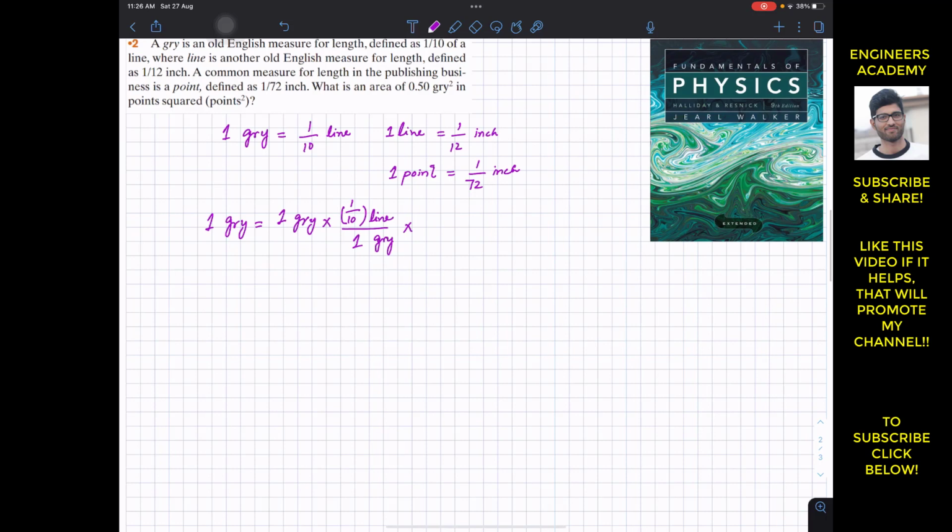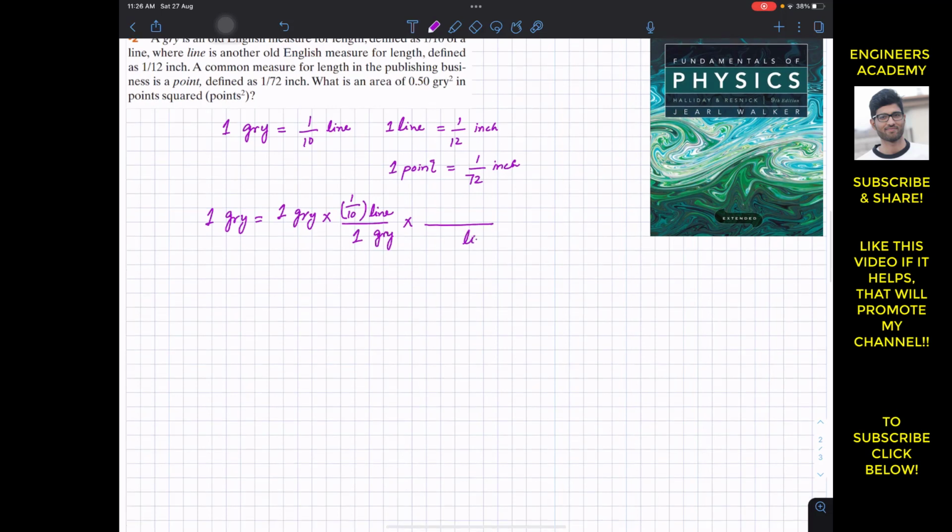Similarly, since we want to convert this into points, this gray will cancel out. Now we want to cancel out this line, so we need to have the line in the denominator of the next fraction. So this line, and we know that one line is 1 divided by 12th of an inch. So in the numerator we need to write this as an inch.